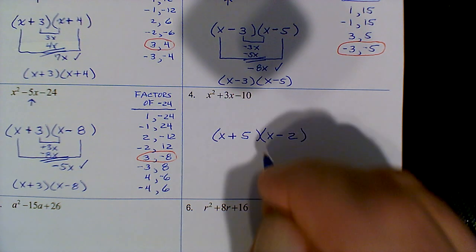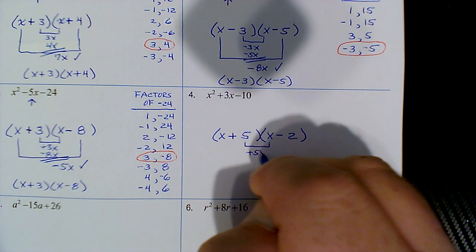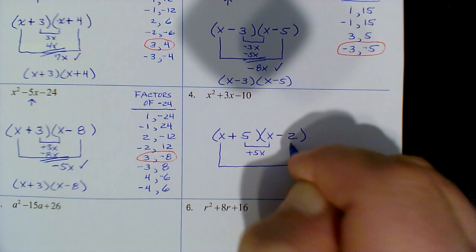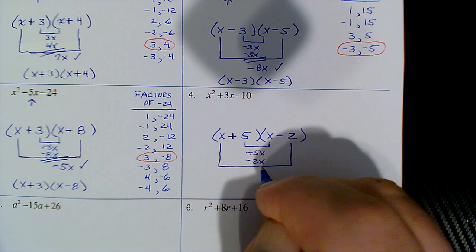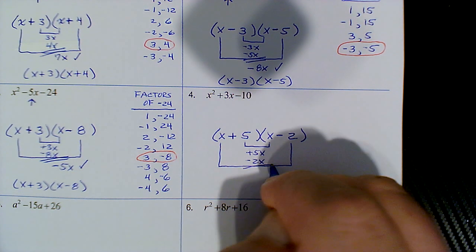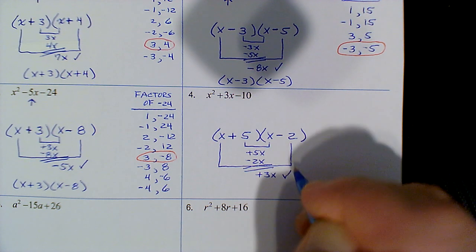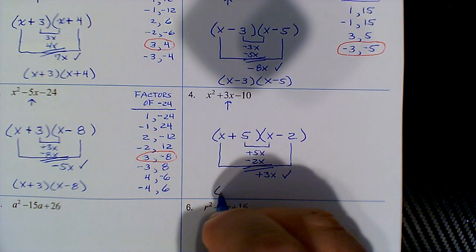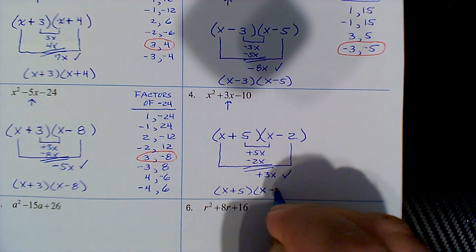And then check. 5 times x is 5x for the inners, x times negative 2, negative 2x for the outers, combining, we get a positive 3x, and that's what we're looking for. So the correct factorization, x plus 5, x minus 2.